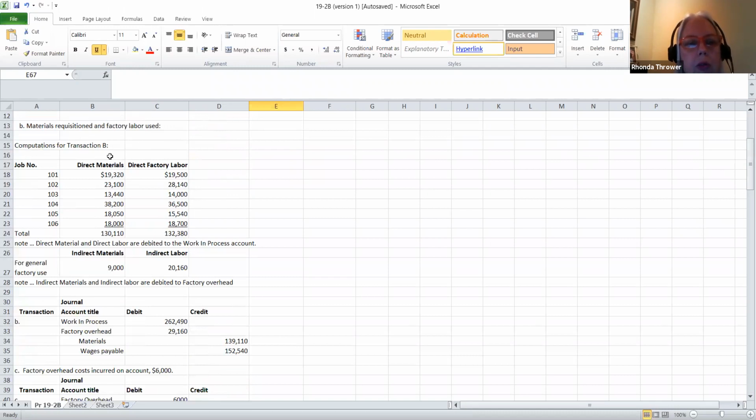The computations for transaction B consist of all of these jobs that we've been working on through this accounting period. They've given us the direct materials that went into each one of these jobs, and they've given us the direct labor that's gone into each one of these jobs.